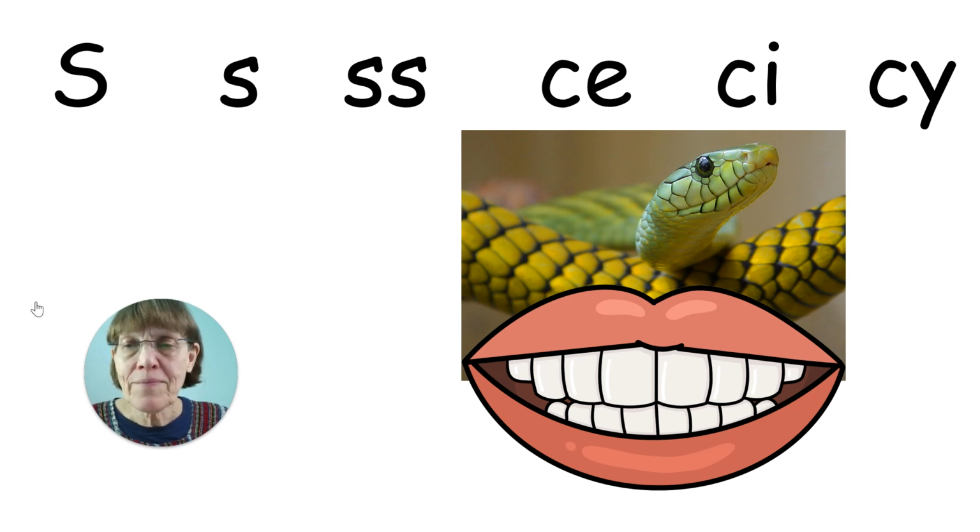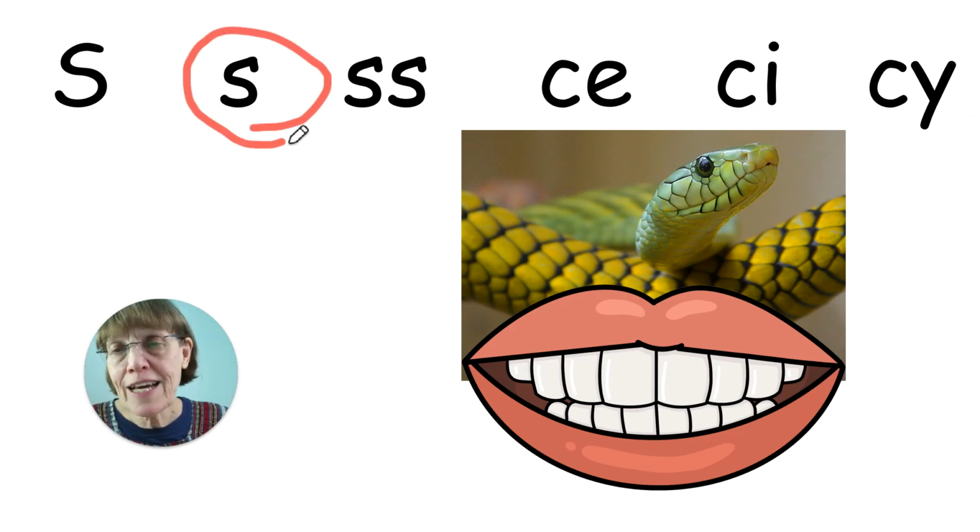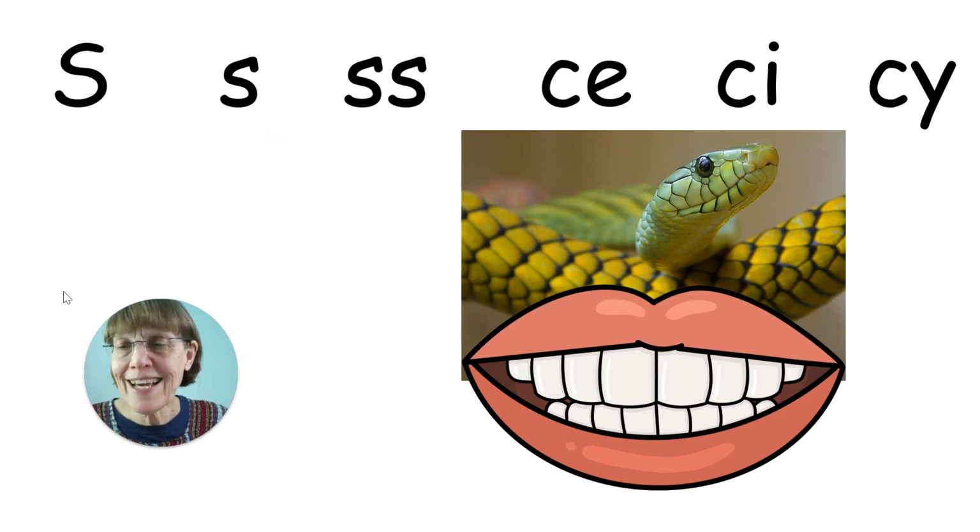Most of the time, we're going to spell the S sound with just an S. Sometimes we'll use two S's, and sometimes we'll use the soft C, C-E, C-I, or C-Y. If you just put the S sound, good job. You heard the right sound. Spelling can be tricky in English.